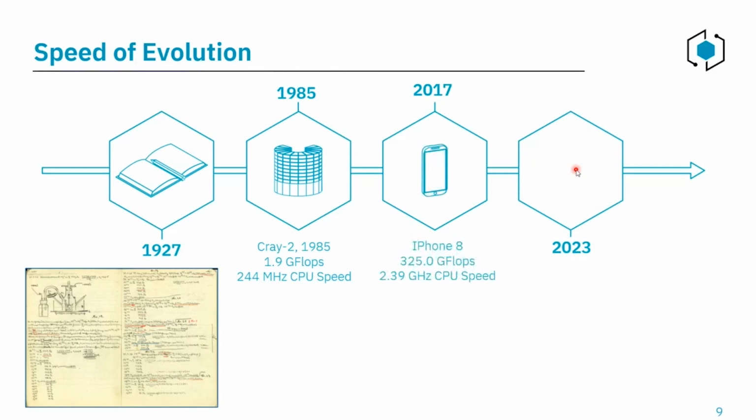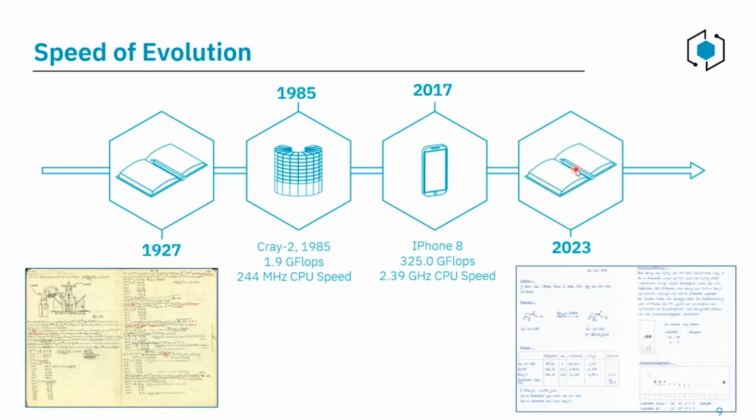Only 30 years later, the smartphone came about. It absolutely dwarfs the supercomputer in terms of processing power, in terms of size, and in terms of price. So pretty much everyone has a smartphone nowadays, and it's much faster than the supercomputer from back then. Let's have a look at a typical lab notebook from today.